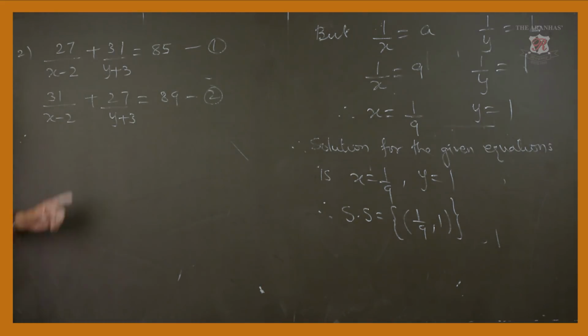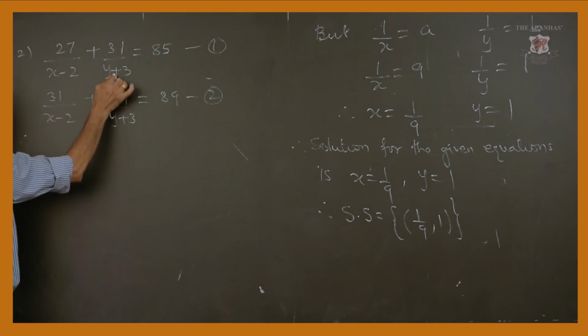Now again, if you observe, these are not linear equations because the variables are in the denominator. So reduce it to a linear equation. How? I told you 1 upon x minus 2 and 1 upon y plus 3.